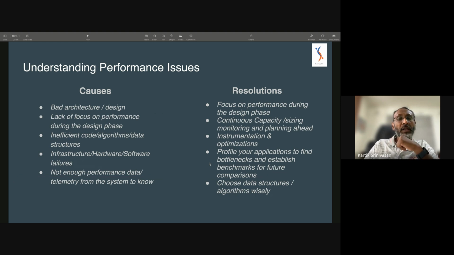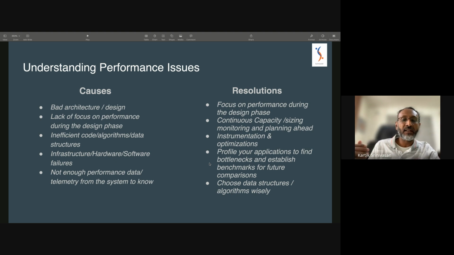Right? So usually, when you do this analysis, there are a few things that you will always notice. There are obviously reasons why there are performance problems, and there are typically associated resolutions for each of those reasons. Usually the finding is that when we were doing the architecture or design for that software component, we didn't think it through very well, and the focus on performance was not there during the design phase.